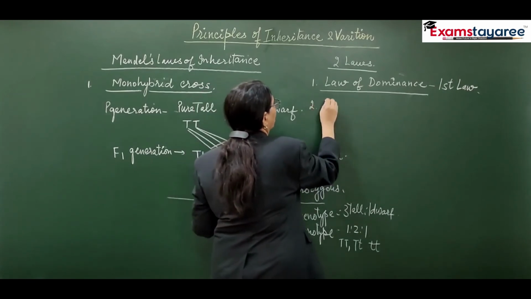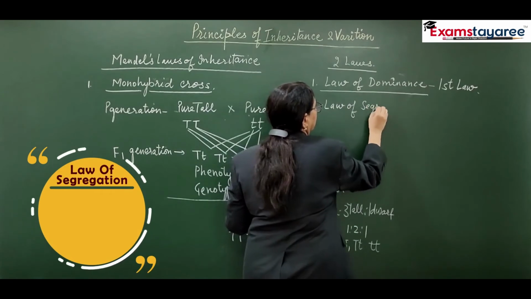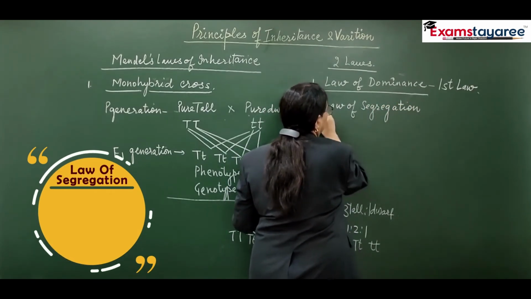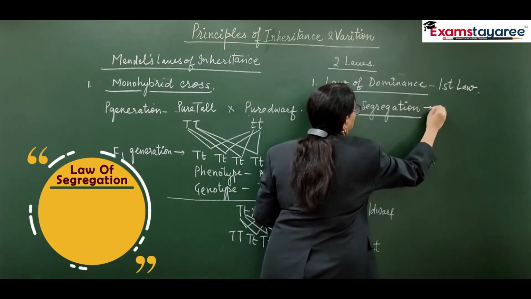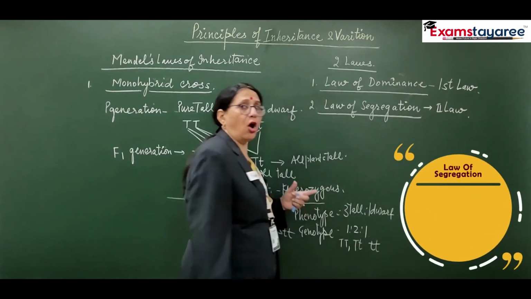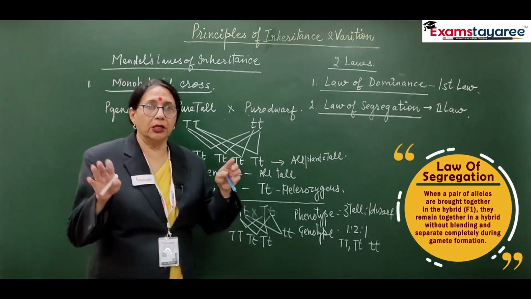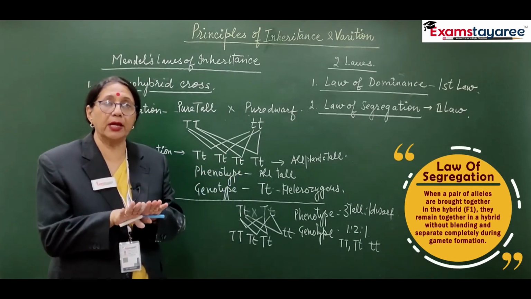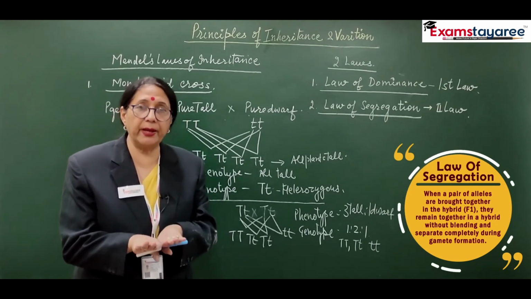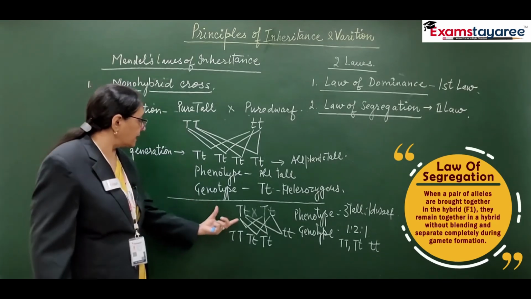Then the second law was law of segregation. Law of segregation states that in a hybrid condition, the two gametes come together and remain in the zygote, but when they form gametes, they segregate.